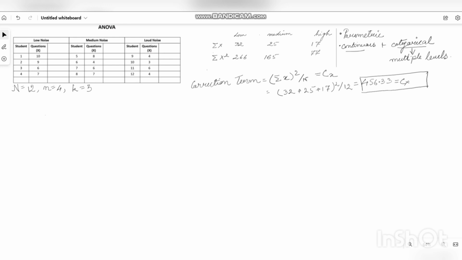Then there is the sum of squared total, also denoted by SST, sum of square totals. How do we calculate that? It's basically sum of x square minus Cx, being the correction term.